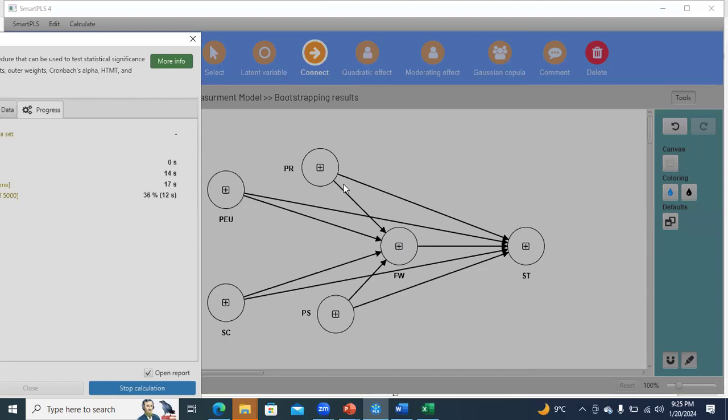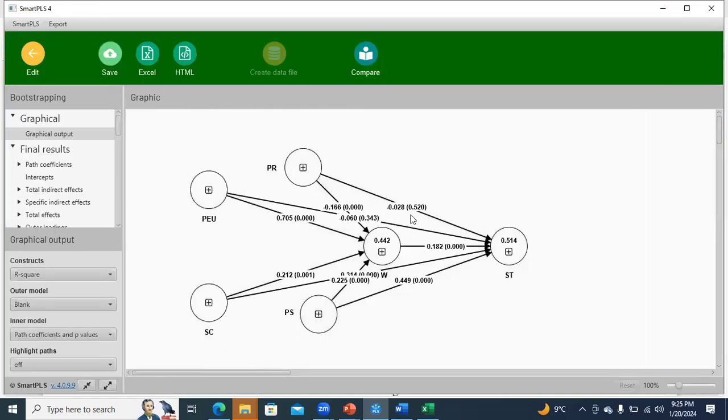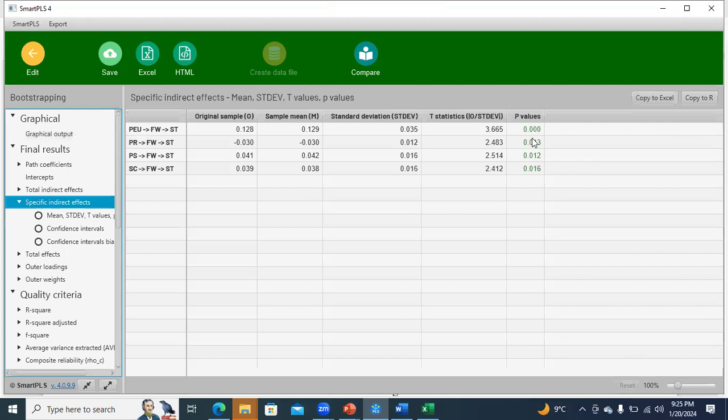But if you have also connected your independent variable or your exogenous variable with the dependent variable and also connected a mediator in between them, and if the mediation becomes significant, we will consider it a partial mediation. Or in case direct impact is non-significant, you can go to the specific indirect impact and you can see it is still significant, but you need to see the direct impact also.